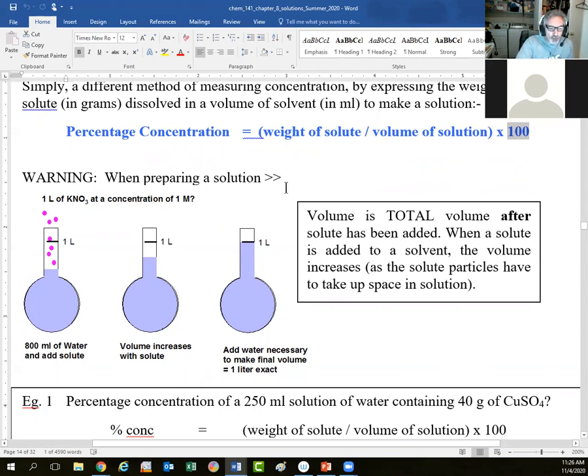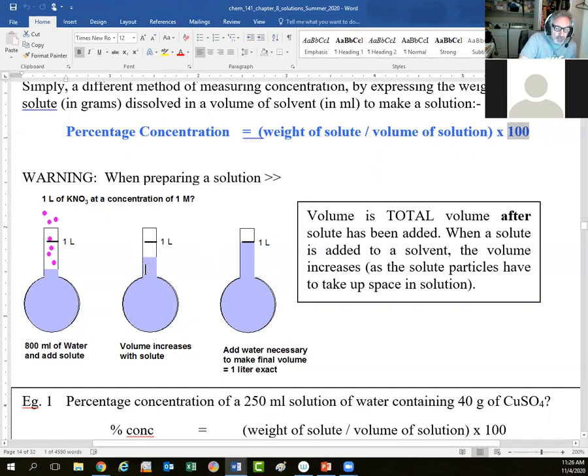Just keep in mind for any solutions you're making, as you add the solute and solvent together, don't start with your total volume of solvent that you desire. Start with maybe half or 2/3 of it, and then add in the solute. The addition of solute will expand the total volume of the solution.